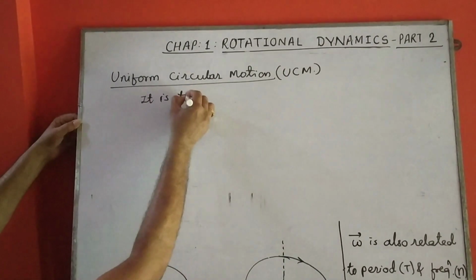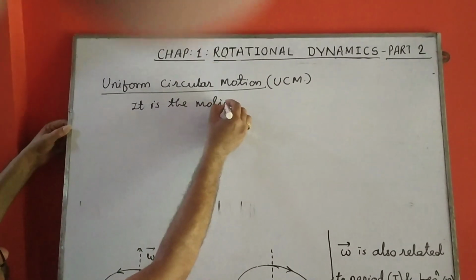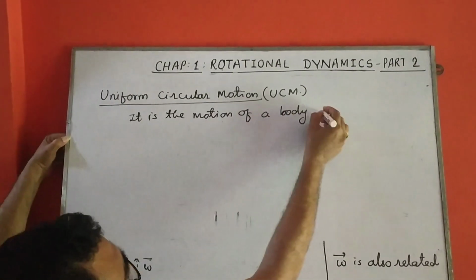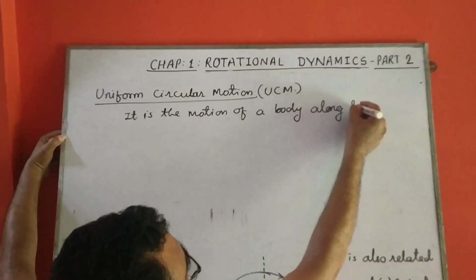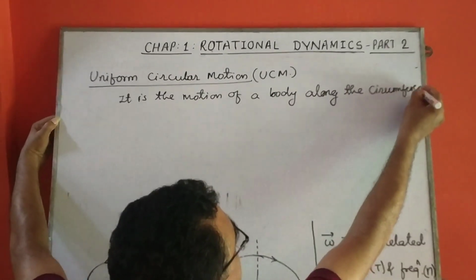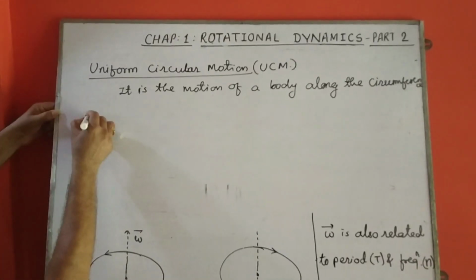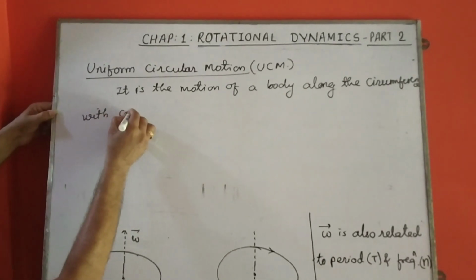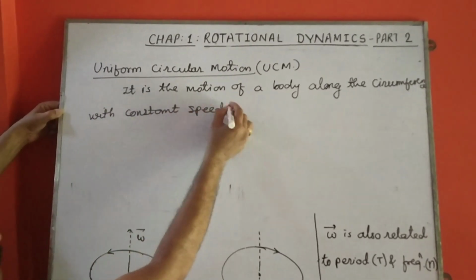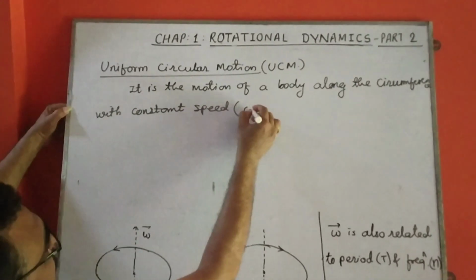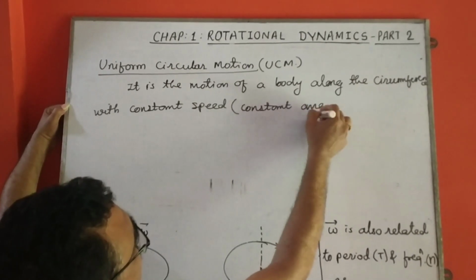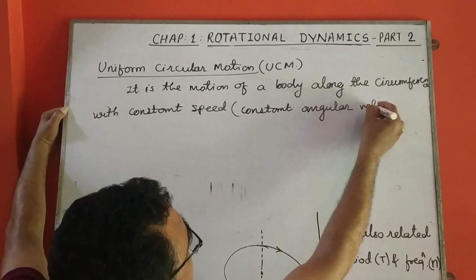it is the motion of a body along the circumference with constant speed or with constant angular velocity.